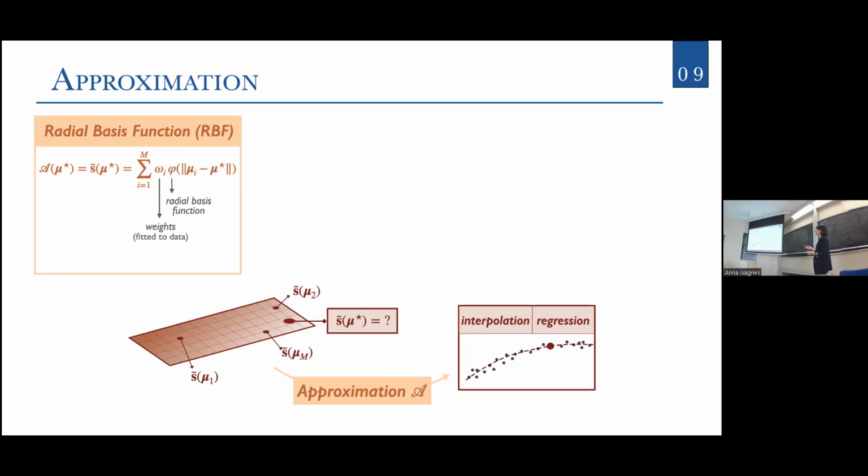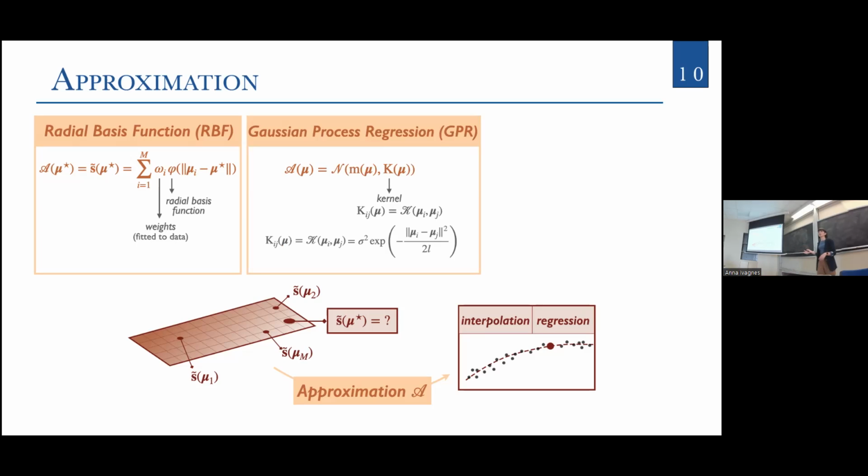So in this case, we have this expression here, and so you will have this radial basis function. This phi is a specific kernel of the radial basis function that you can choose. And these omega i are the weights that basically are fitted to data, in the sense that they are found by solving the same equations and replacing this mu star with the mu that you have as data.